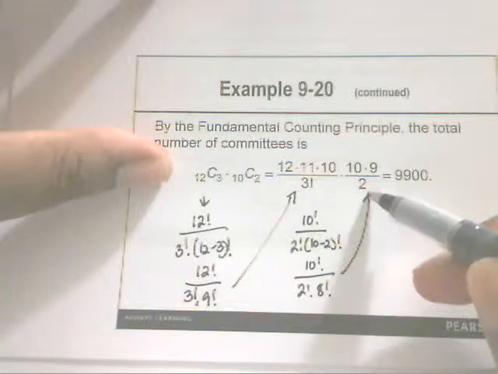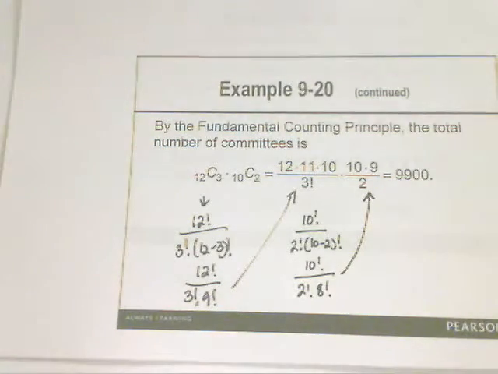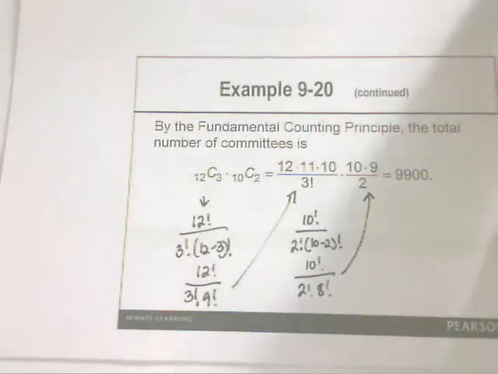You're going to be left with just 10 times 9 divided by 2. Now, if you simplify that and multiply, you'll end up with 9,900. So there are 9,900 ways that a committee of 5, consisting of 3 girls and 2 boys, can be chosen.